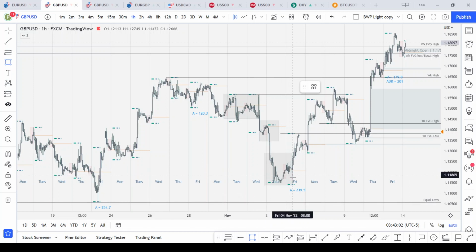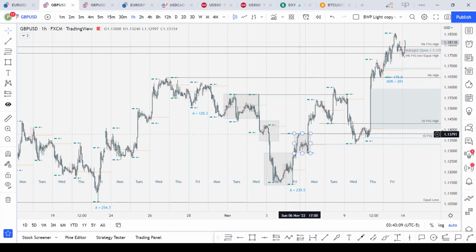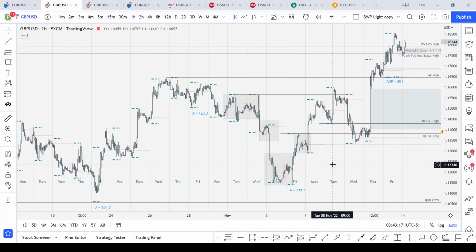Okay, and then after that, price will run away to form the low risk buy. The low risk buy usually would be a return to an order block, like in this case, or a return to a fair value gap, or a return to the high of the initial consolidation.